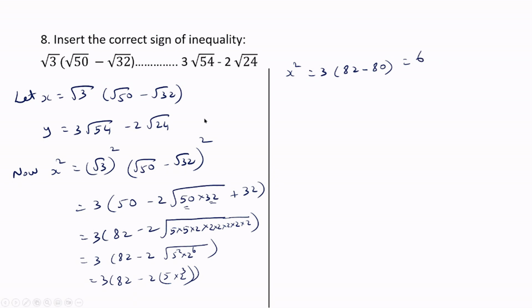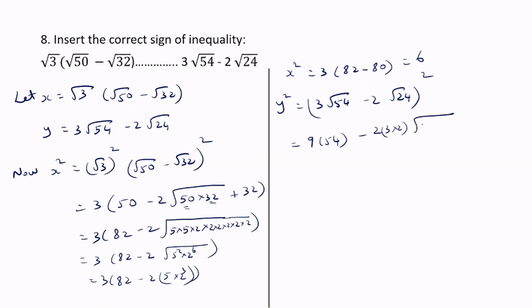And now let us find y square. y square equal to 3 root 54 minus 2 root 24 the whole square. So it is 3 root 54 the whole square, so it is 9 into 54, then minus 2 into 3 into 2 into root of 54 into 24 plus 4 into 24.